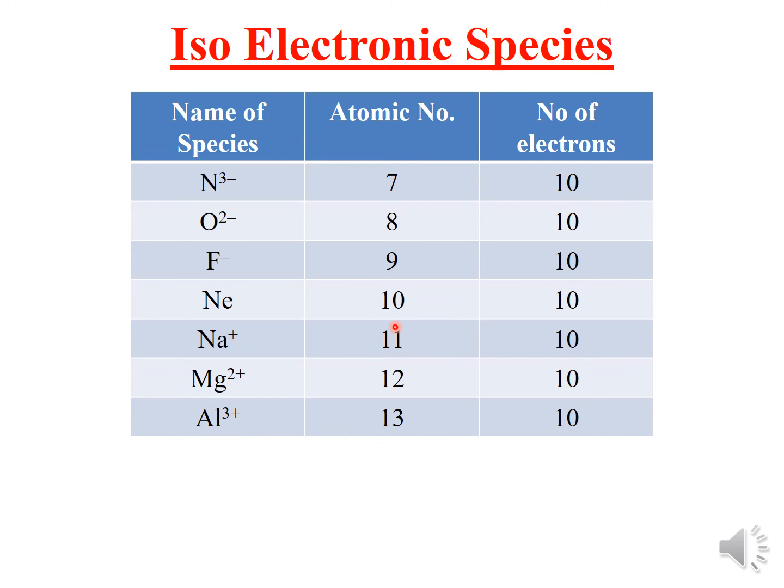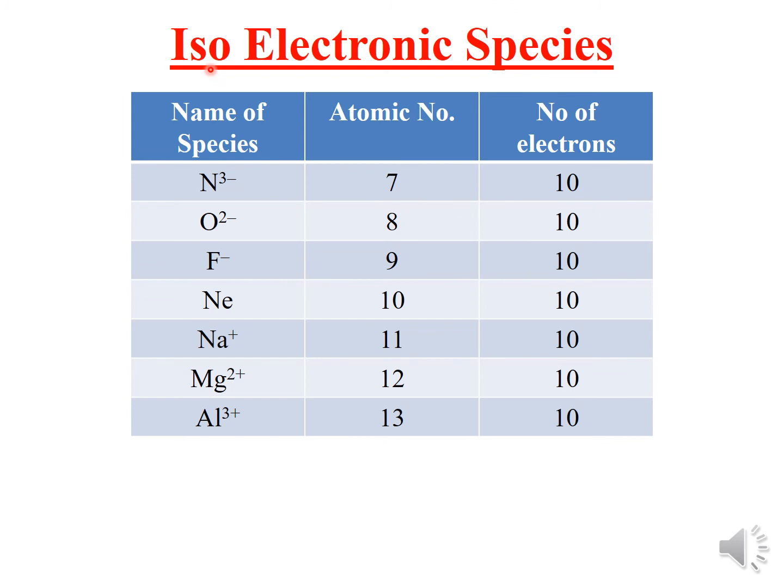In case of magnesium, atomic number is 12 and it has plus 2 charge. So number of electrons 10. In case of aluminium, it has plus 3 charge. So number of electrons 10. So we can clearly see these are the species which have different atomic number, but they have same number of electrons.